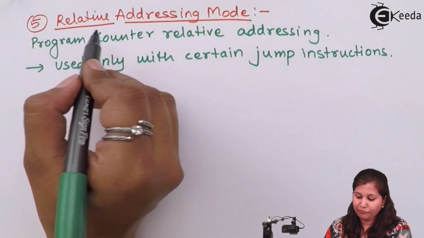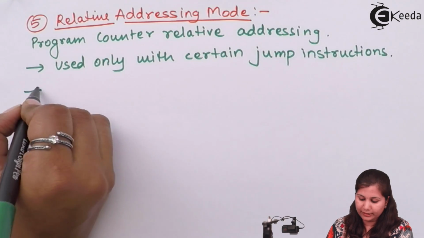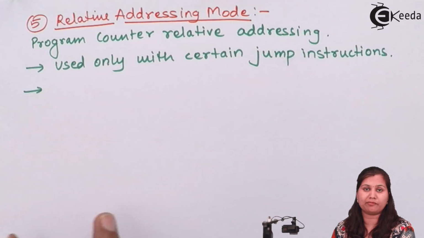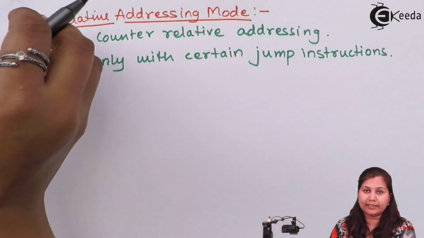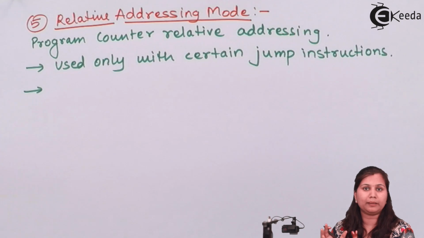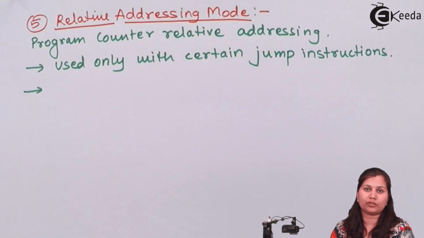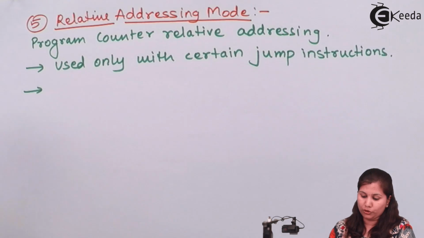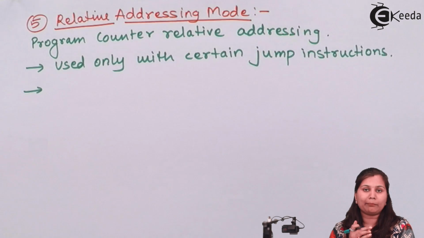This type of addressing is used only with certain jump instructions. Here in the instruction we will specify an offset address, an 8-bit address. That 8-bit address will be added with the contents of the program counter, and that result, the addition of program counter plus that 8-bit address, will collectively give the physical address of the memory location. So that is why it is called relative, because it is related to the program counter.